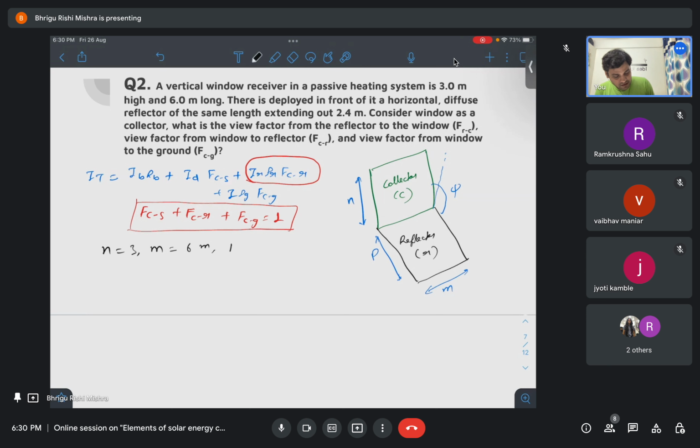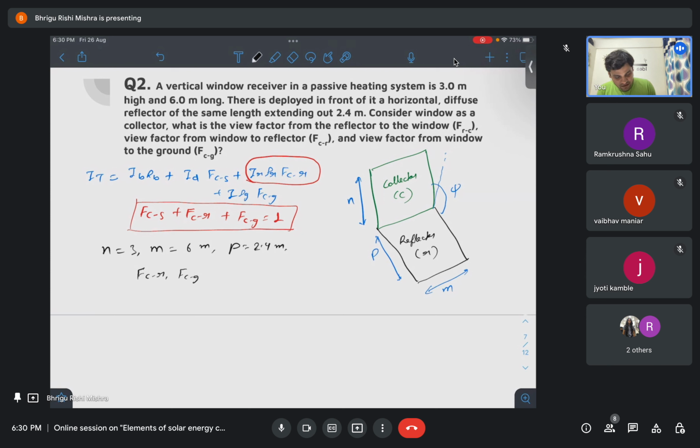So P is 2.4 meter. Consider the window as a collector, which is collecting heat from the reflector. What is the view factor from the reflector to the window, that means FRC, the view factor from window to reflector, FCR, and the view factor from window to the ground, that is FCG? So we need to calculate FCR and FCG.